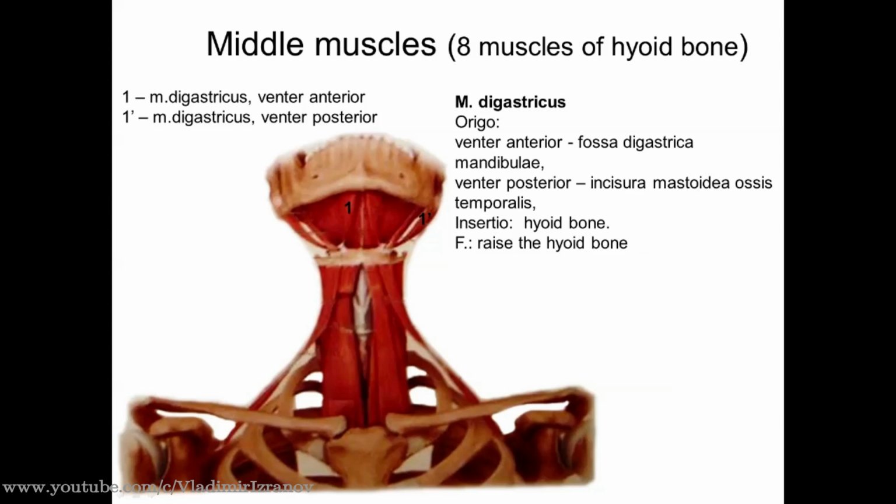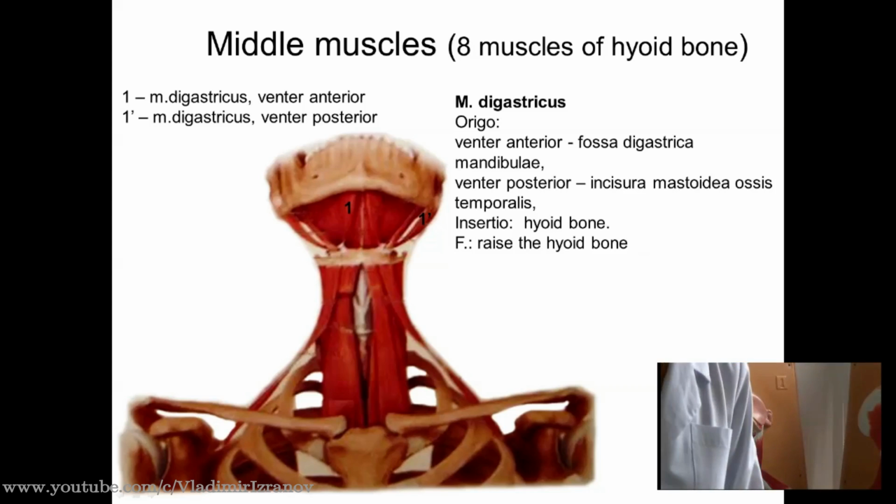We discussed it in the last lecture. 3 points: origo, that means origin of the muscle, insertio, insertion, and functio, function of the muscle. So, origo of venter anterior is fossa digastrica mandibulae.